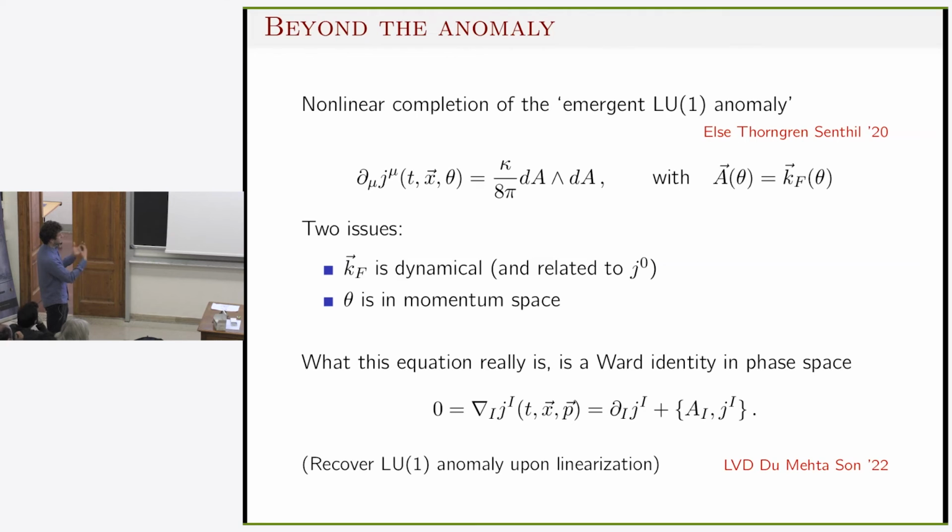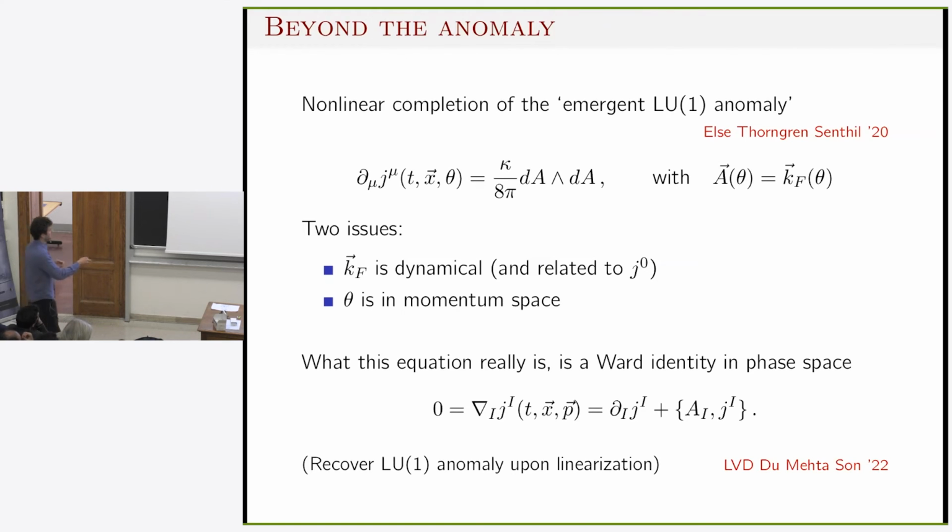So okay, our system has a U(1) symmetry, and you can gauge it. And in our construction, you can have gauge fields that depend both on X and P. So it's a kind of continuity relation in phase space. Okay, it's just the statement that probability is conserved in phase space. And this is what the Ward identity looks like. Okay, where this commutator is the Poisson bracket of these objects.